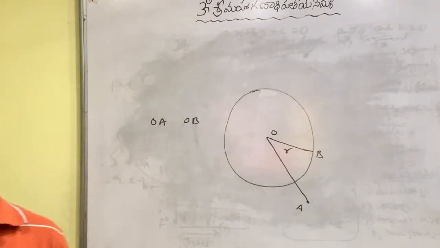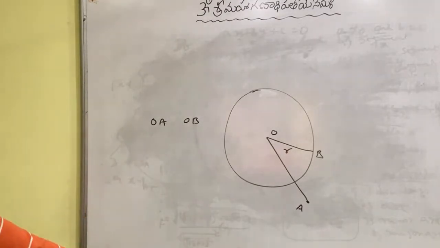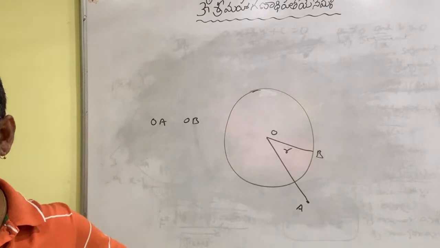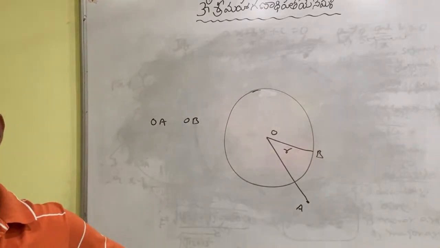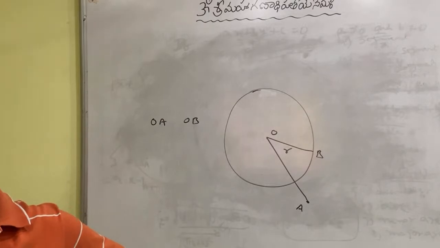Which is greater, OA or OB? OA, because A is a point which lies outside the circle. Okay? So the distance of the point from the center is greater than the distance of the point which lies on the circle.